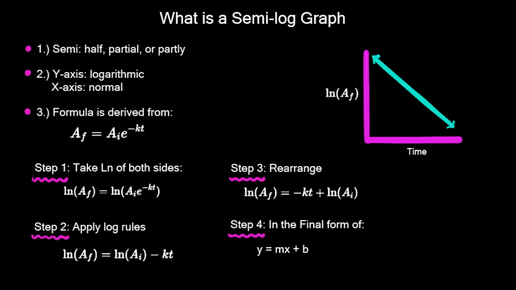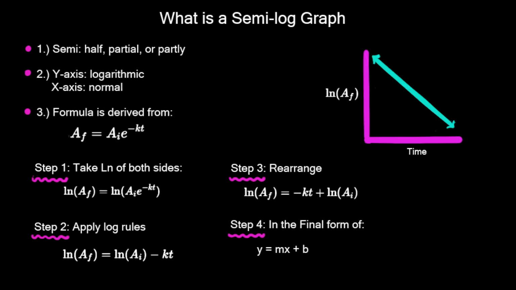In step number 2, we need to apply log rules to get ln of AF is equal to ln of AI minus k times t. In step number 3, we need to rearrange the formula to get ln of AF is equal to minus k times t plus the ln of the initial amount, which is AI.